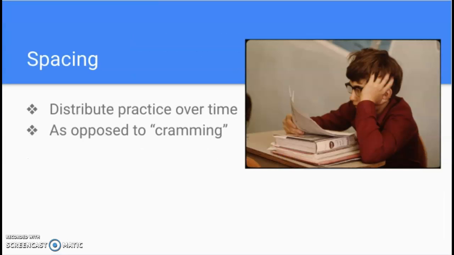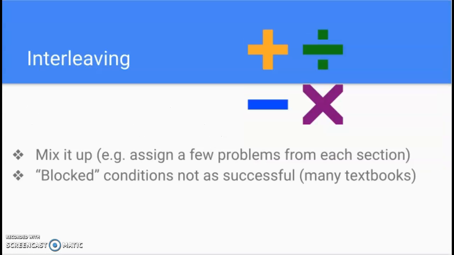So spacing is opposed to cramming. Research shows that if one crams before a test, the long-term retention is not as good as if there was practice and study over a period of time. Now, interleaving is the idea of mixing up the learning.